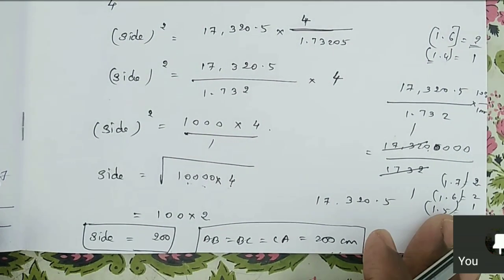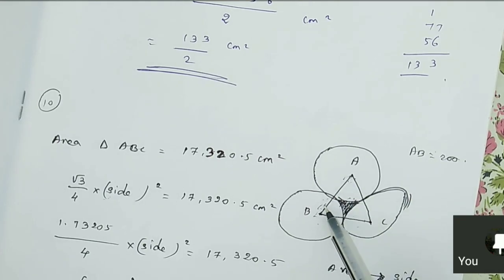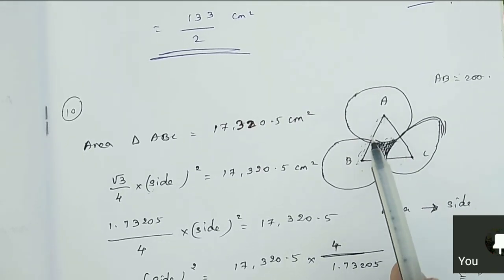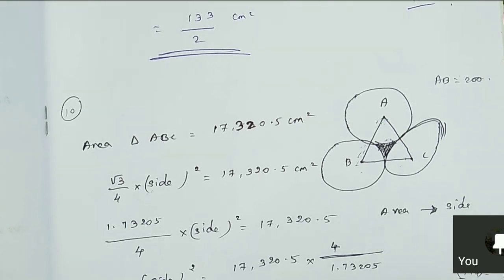Now in the problem they said half of the side. We found the side, the entire distance AB is 200. Then half of the side is the radius, right?